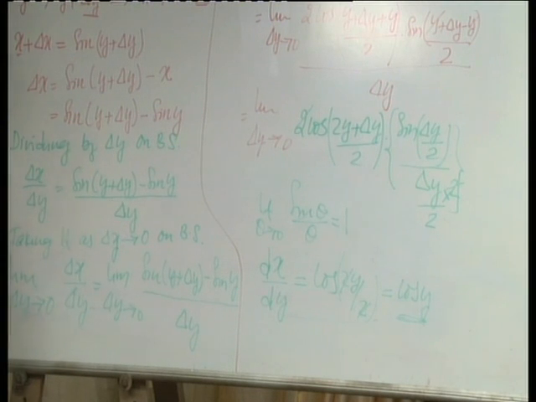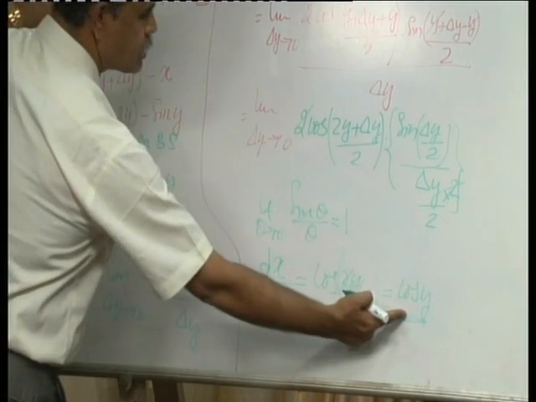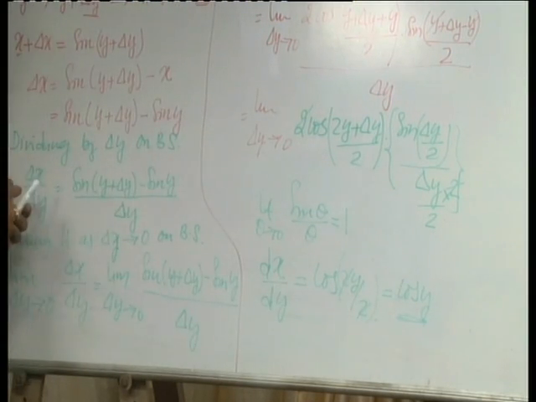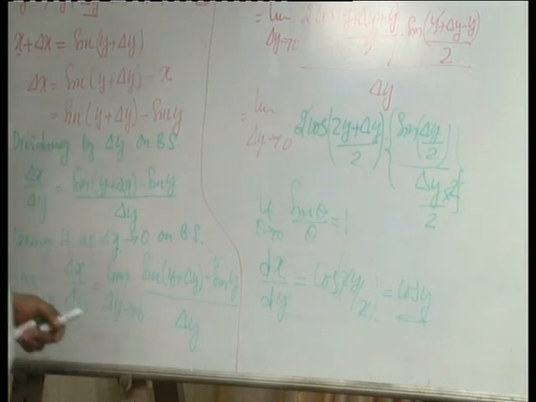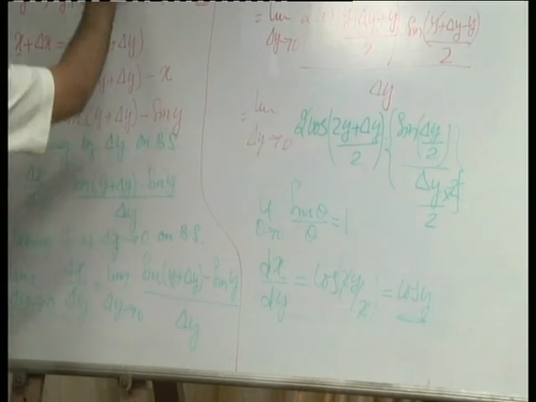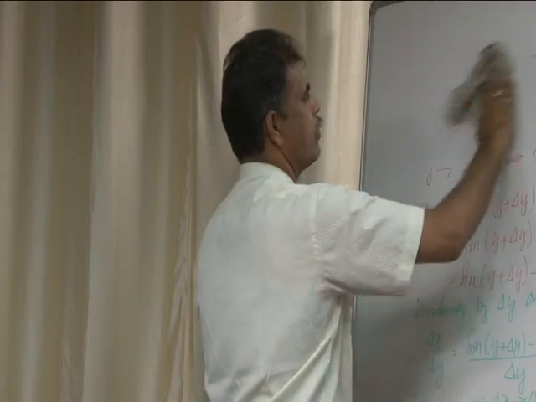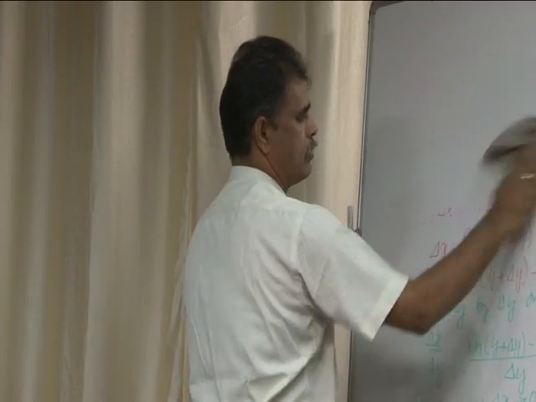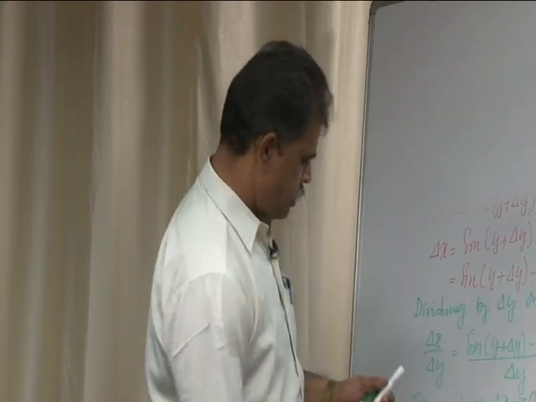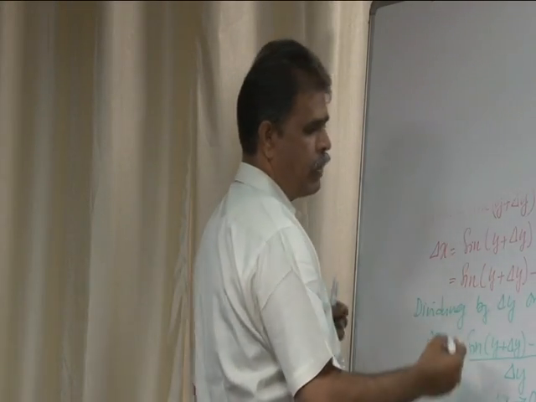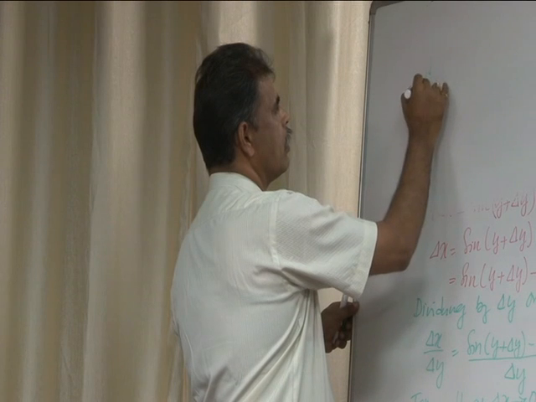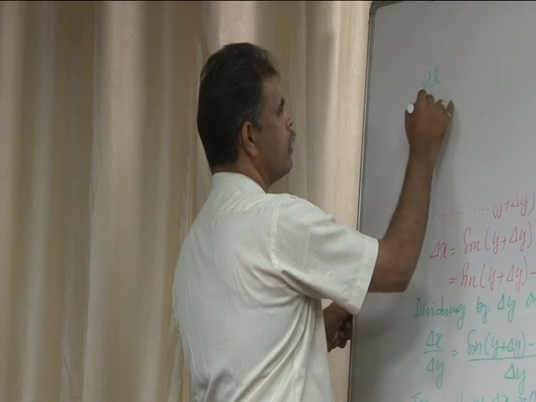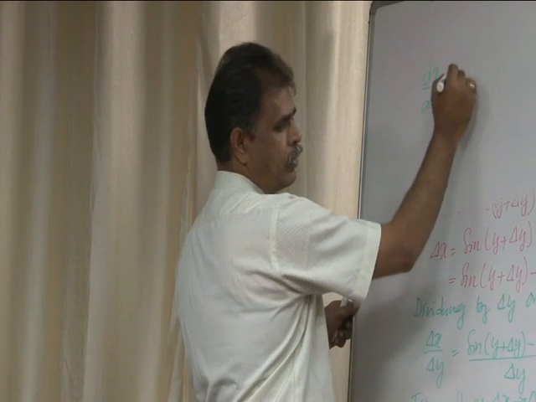So, differentiation of sin y is equal to cos y. Using this we can convert into a standard form for the inverse function. So, we have dx divided by dy is equal to cos y.